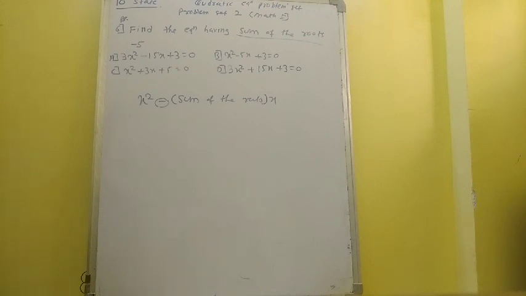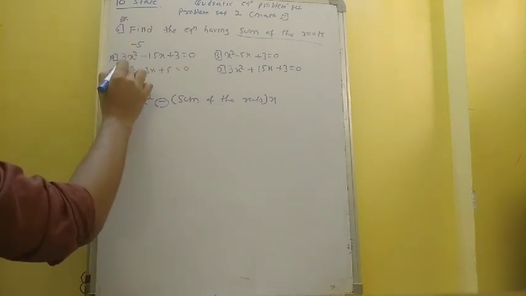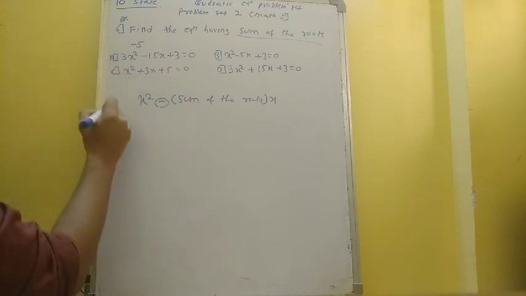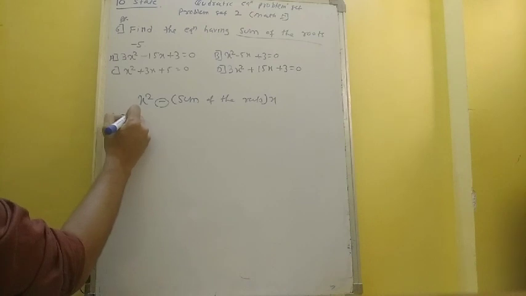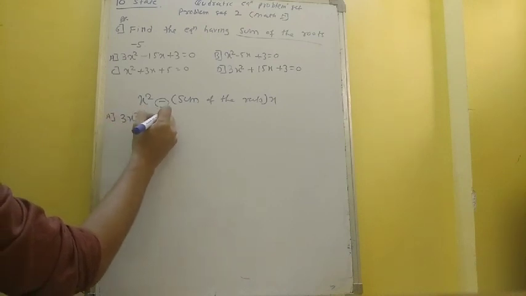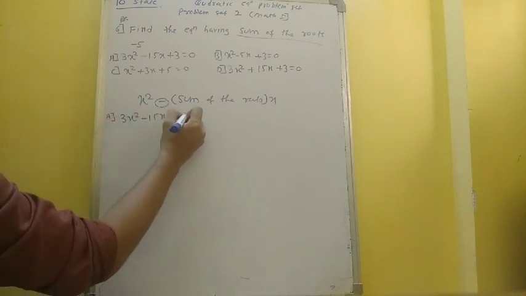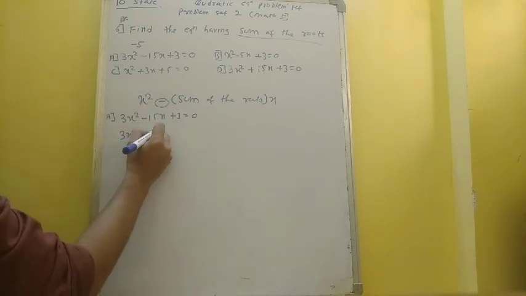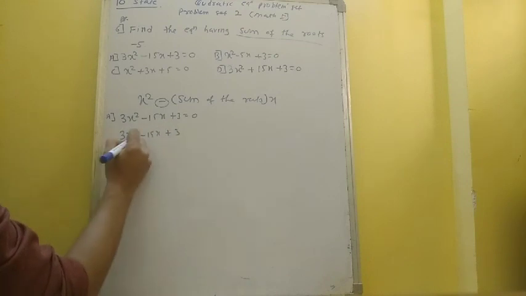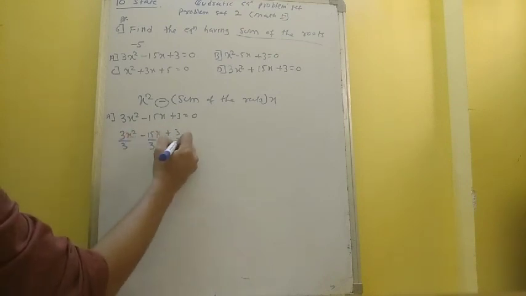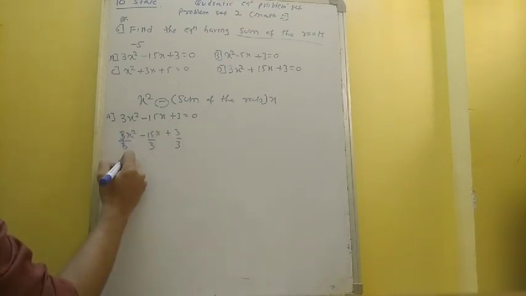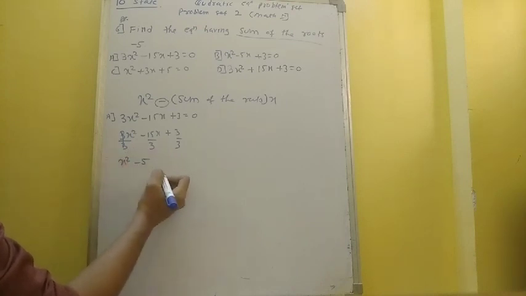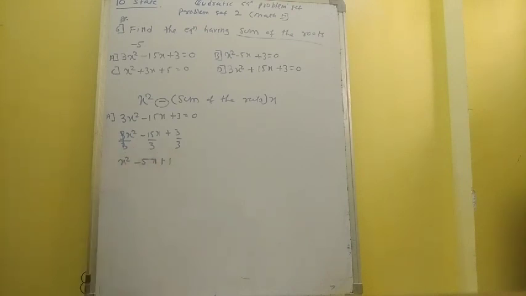So let's see the first one. First of all, the quadratic equation, the coefficient of x square should be 1. For A we have 3x square minus 15x plus 3 is equal to 0. Dividing by 3, this gets cancelled. We have x square, 3 5s are 15, so we have minus 5 over here.